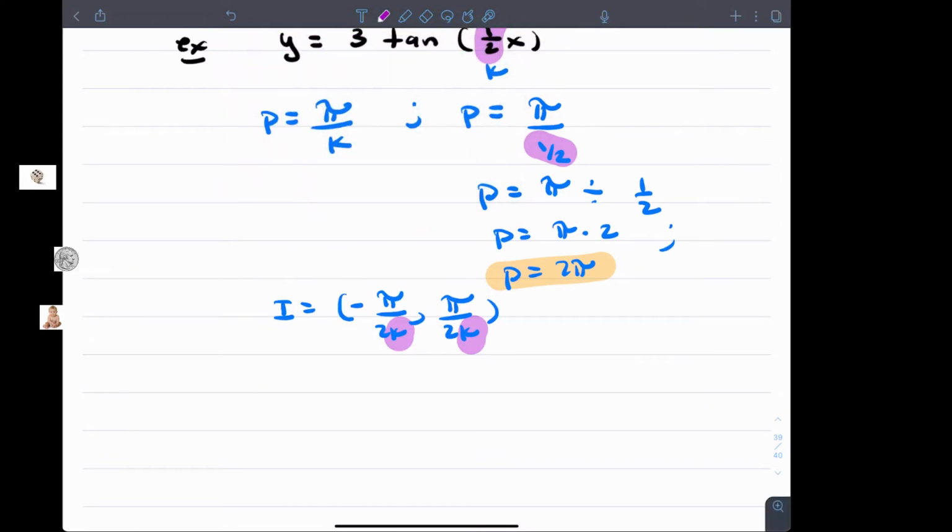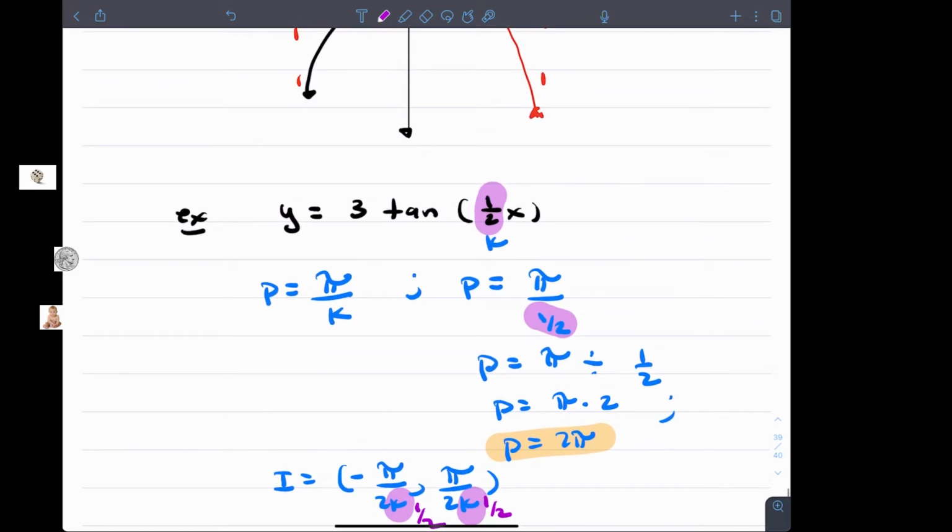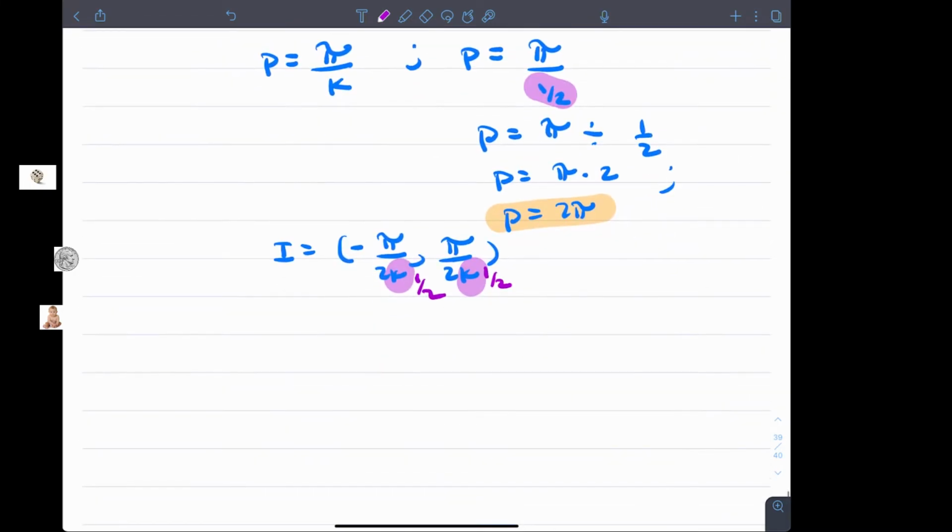K is 1/2. What is 2 times 1/2? 1. Good. So you get minus pi and pi as the interval of one cycle.